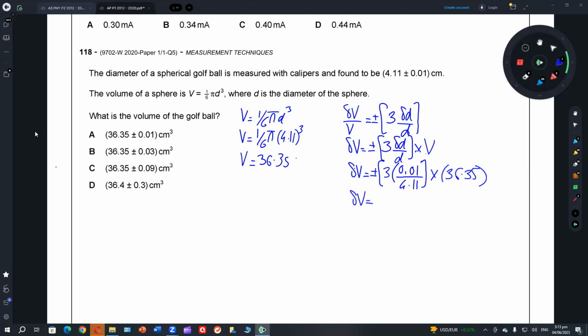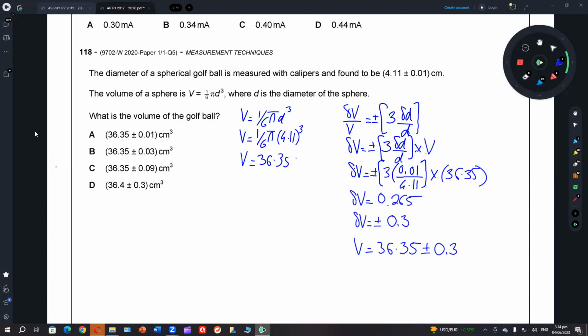The uncertainty is coming as 0.265. So making the uncertainty to one significant figure, the 36.35 will also be rounded.